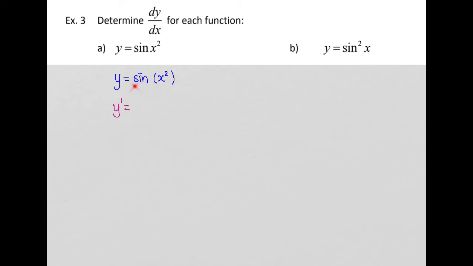Differentiation, sine will become cosine, and write down the angle. Don't change the angle. And then we have to multiply by differentiation of the angle, which is differentiation of x squared, which is 2x. So your differentiation will be 2x times cosine x squared.